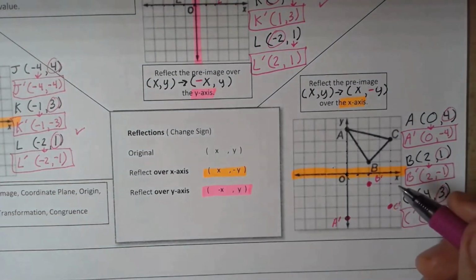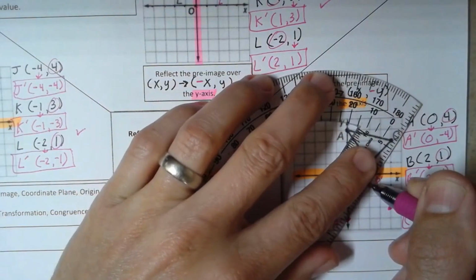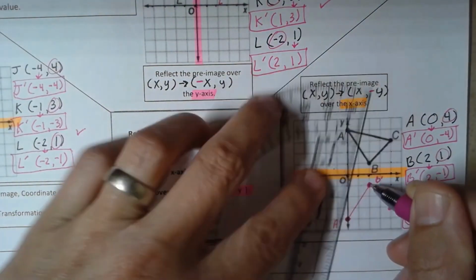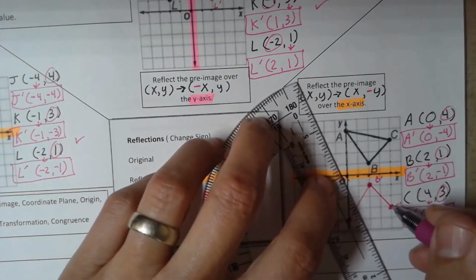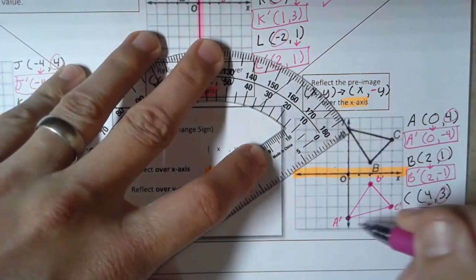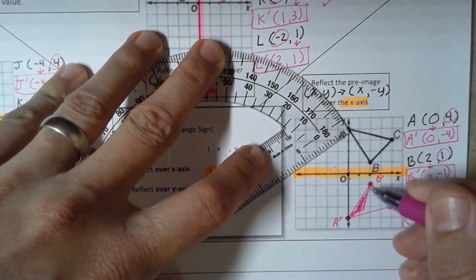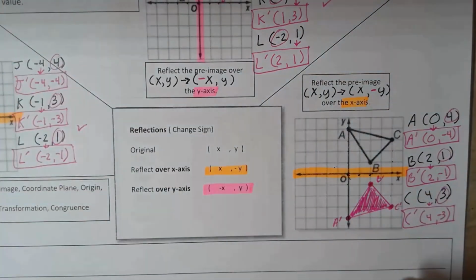And I'm going to go ahead and draw my shape real quick. Alright, I'm going to shade in my shape. And there it goes. It's a mirror image.